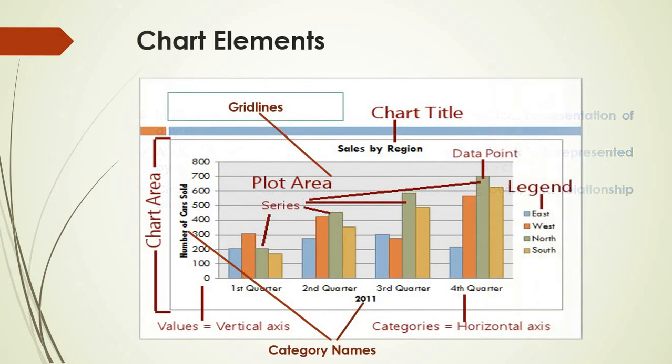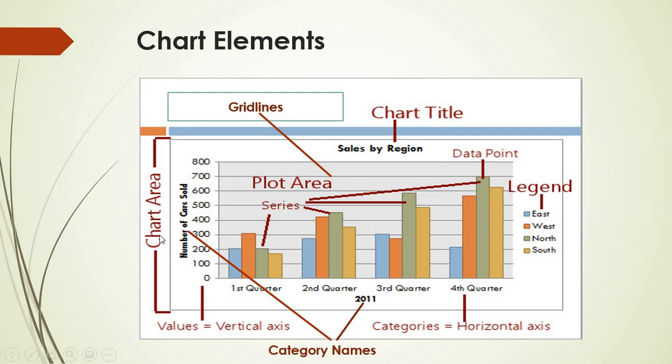Now we are discussing the chart elements. Okay, now there will be 9 elements of the chart: chart title, legend, category axis, value axis, category names, chart area, plot area, data series and grid lines. Okay, so first we are discussing the chart area.